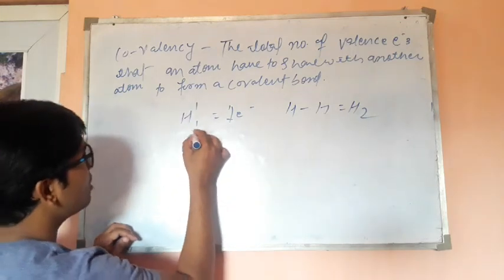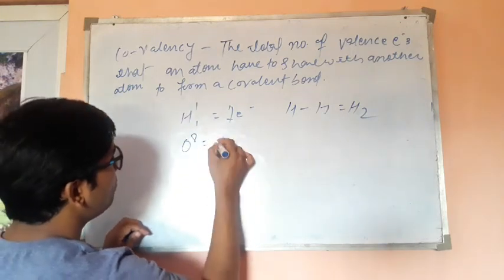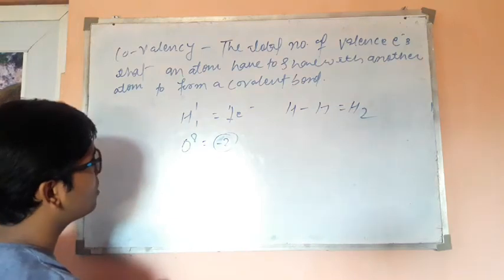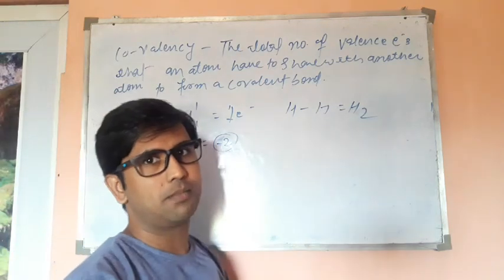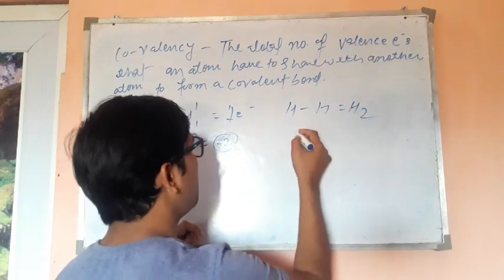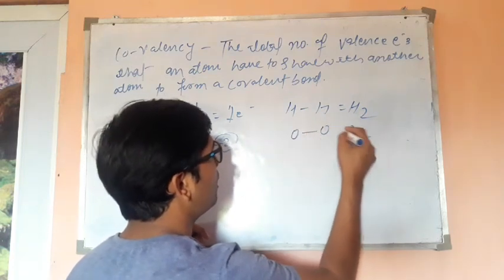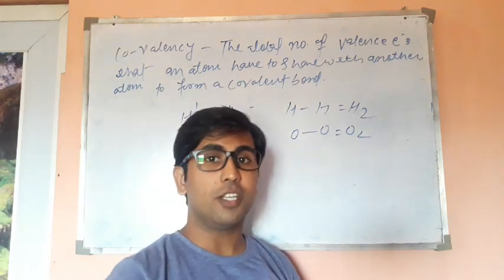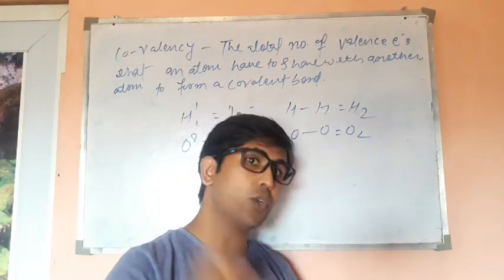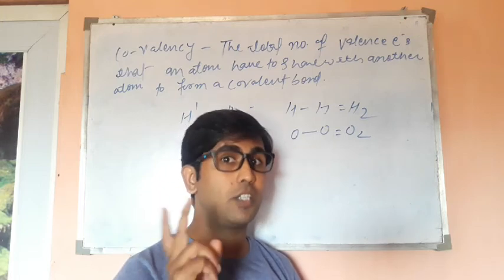In the same way, oxygen has 2 electrons that it can share with another atom. To make O2, each oxygen atom will share 2 of its electrons. So the covalency of oxygen will be 2.